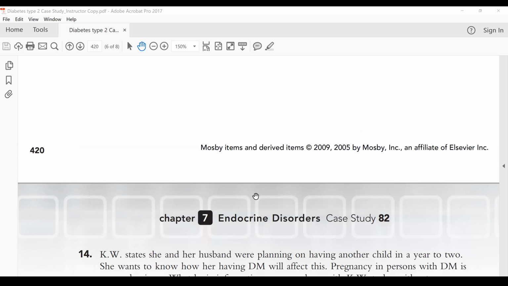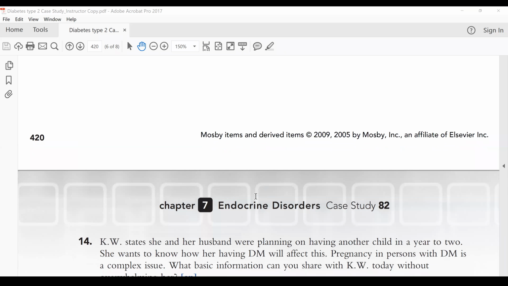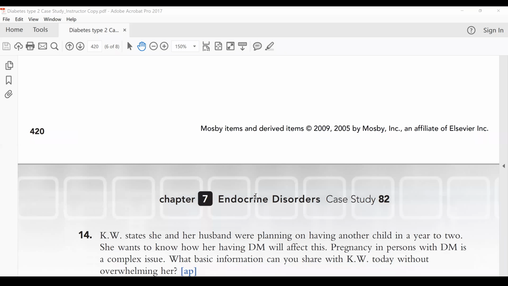All right, so let's see what happens. So what basic information can you share? Pregnancies in persons with diabetes is a complex issue. So what can you share without overwhelming her?